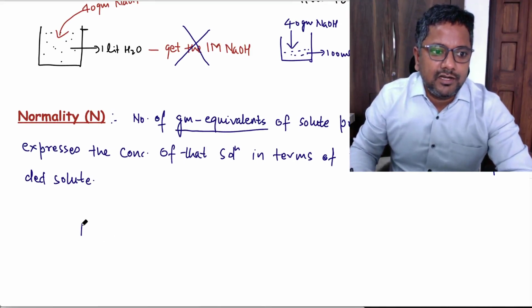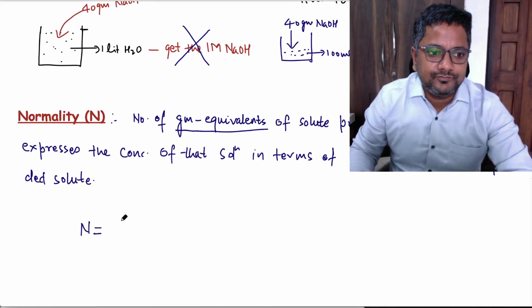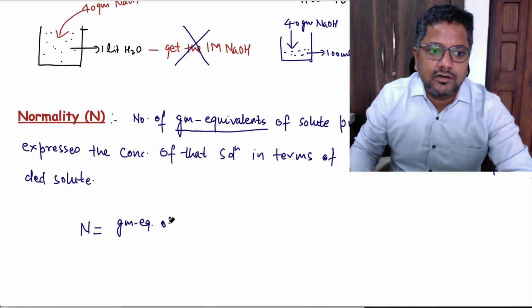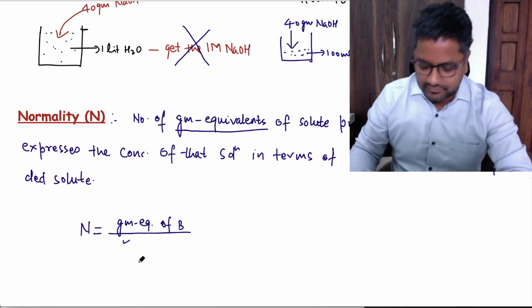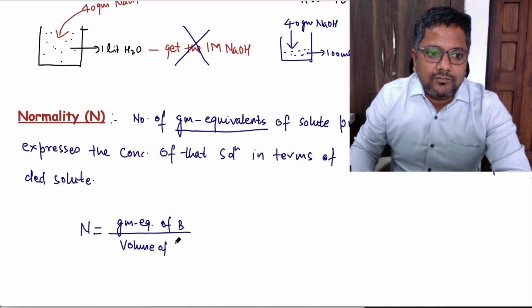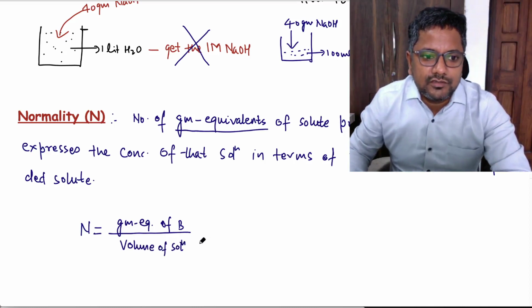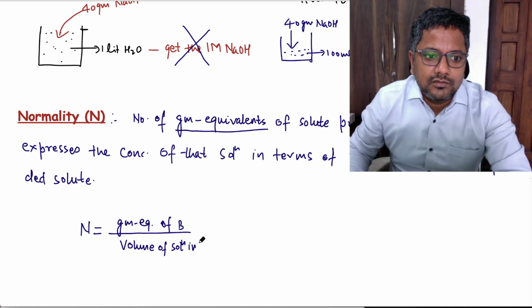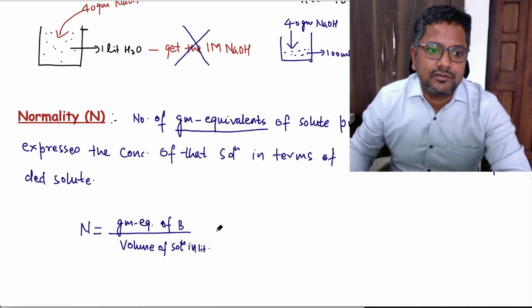So normality is equal to gram equivalents of B divided by volume of solution in liters.